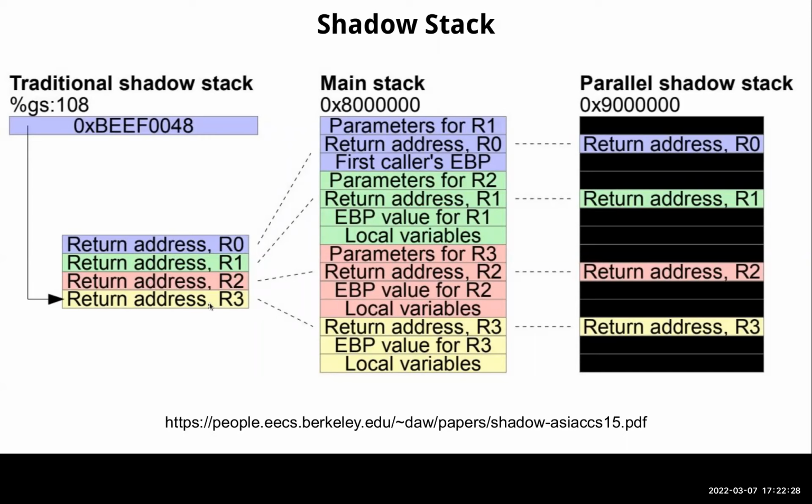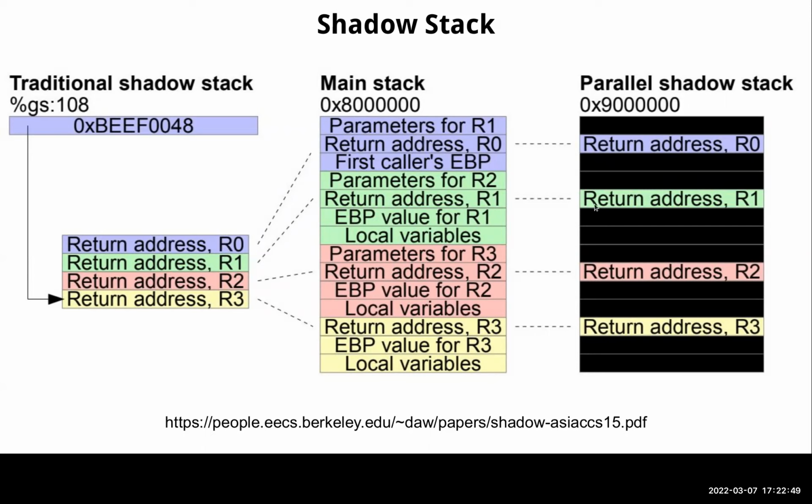So another approach is called parallel shadow stack, in which the return address at the original stack and the new shadow stack already have a constant offset. Then everything between here is garbage. We do not care about this.